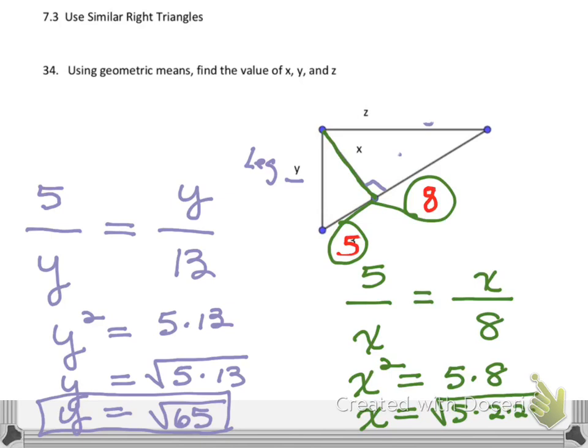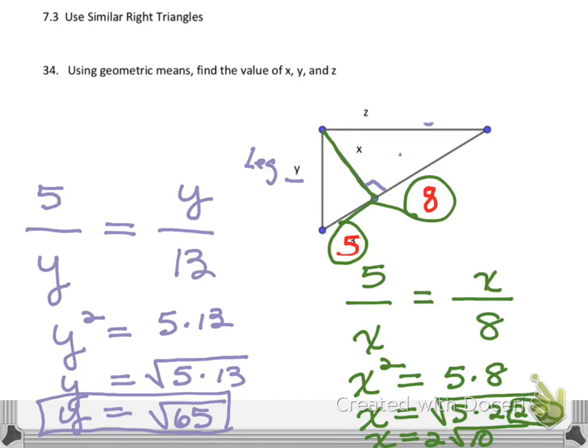Isn't that true? 2 times 2 is 4, 4 times 2 is 8. Simplifying the radical, x equals, here's a pair of 2's. They come out as a single 2. What's left inside is a 10. So x equals 2 root 10.